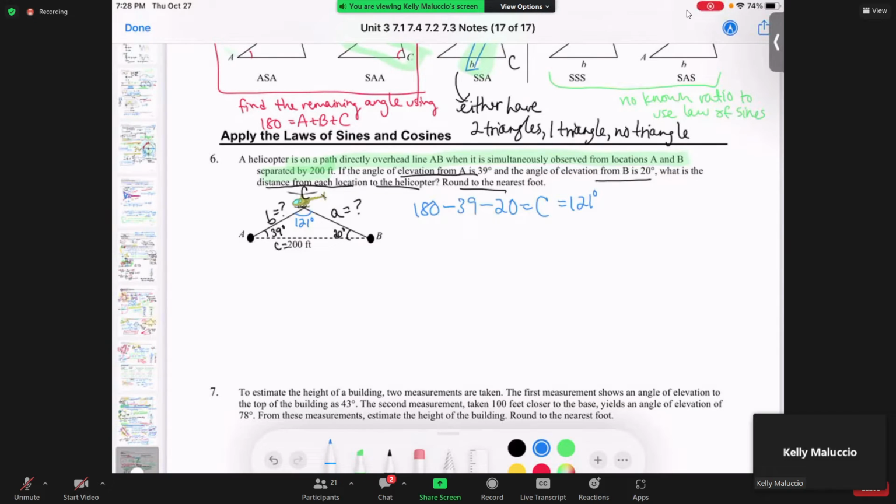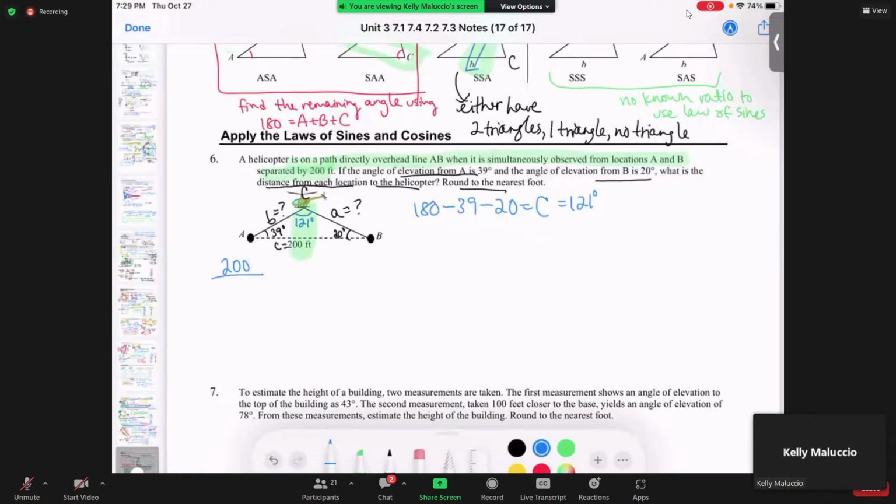Now I can use that famous law of sines. I have 200 and 121, so I definitely want to use that. I can start with A or B; I'm going to start with A, going alphabetically, but you can do either.